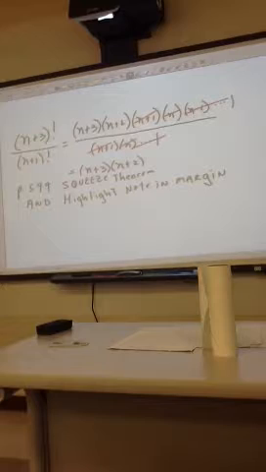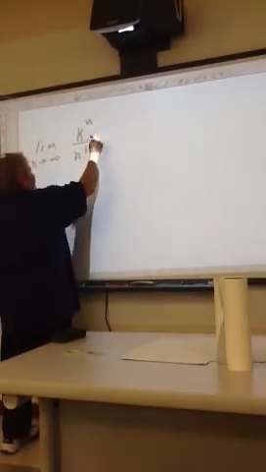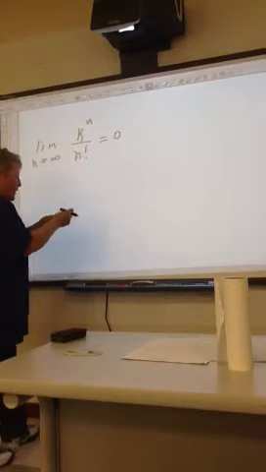Now the little note that's in the margin talks about this: the limit, as n approaches infinity, of k to the n over n factorial equals 0.